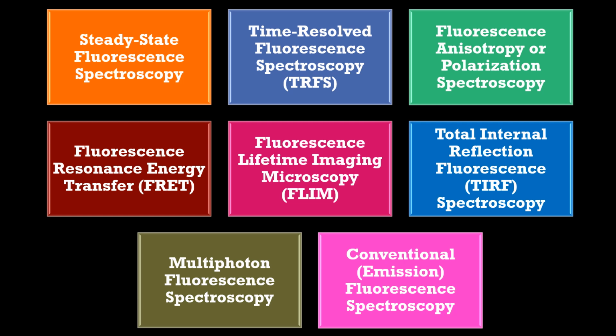Here are the major types of fluorescence spectroscopy: steady-state fluorescence spectroscopy, time-resolved fluorescence spectroscopy or TRFS, fluorescence anisotropy or polarization spectroscopy, fluorescence resonance energy transfer or FRET, fluorescence lifetime imaging microscopy or FLIM, total internal reflection fluorescence or TIRF spectroscopy, multiphoton fluorescence spectroscopy, conventional or emission fluorescence spectroscopy.